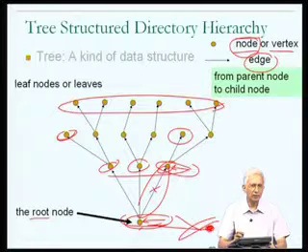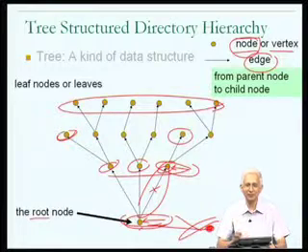And once again, in terms of our understanding of the relationship between the terminology and the tree in nature, the node at the bottom, it's easy to understand why it's called the root node, because the tree in nature has roots which go into the ground, and that's where the tree starts. So referring to the node which does not have any parent as the root node makes a lot of sense.